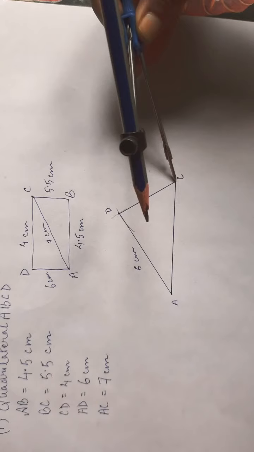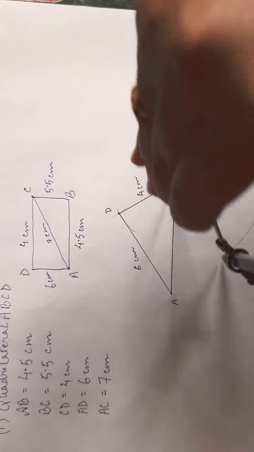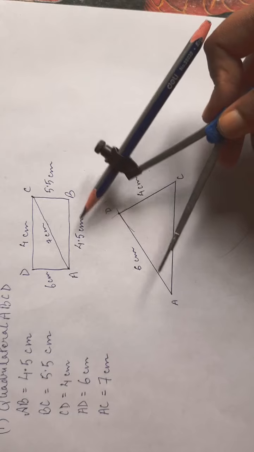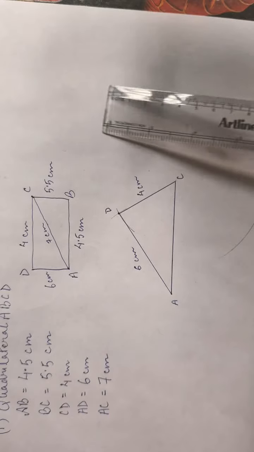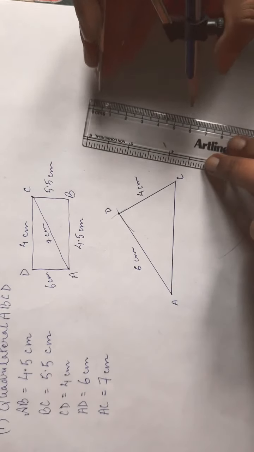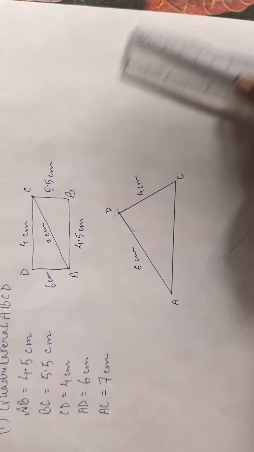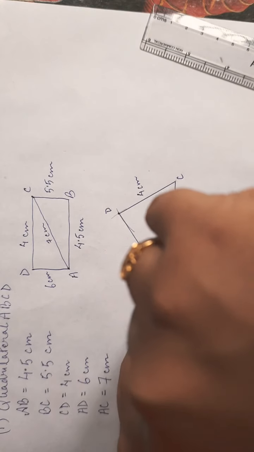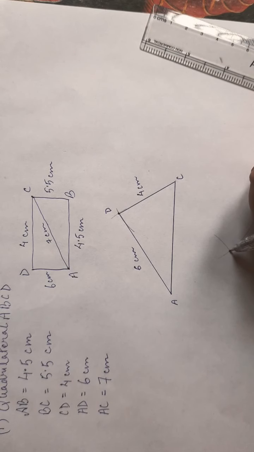From this point C, I will draw an arc in this way, okay? Then I will take measurement of 4.5 in the same way. Okay, done. So from A I will be drawing an arc in this way, okay? So this is the point of intersection and I will name it as B.